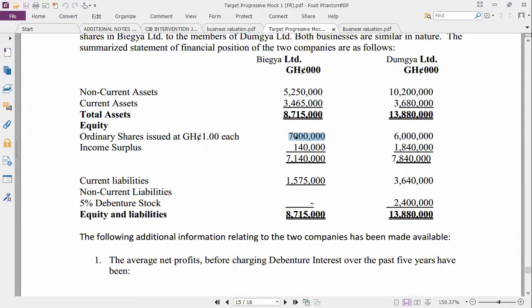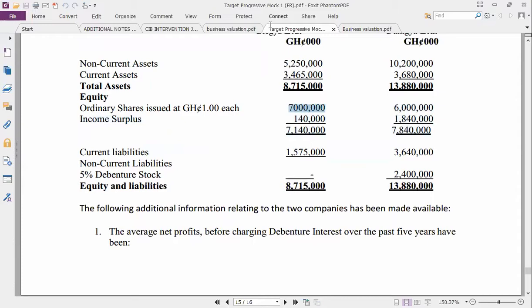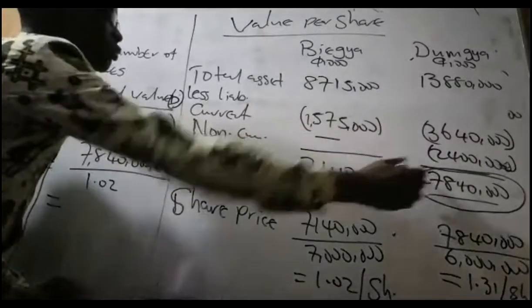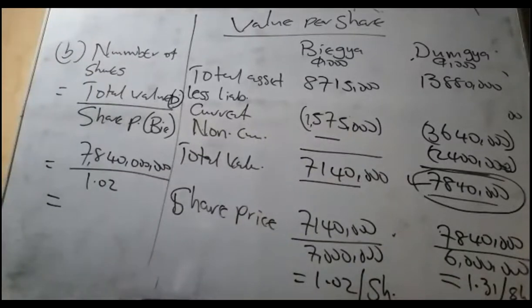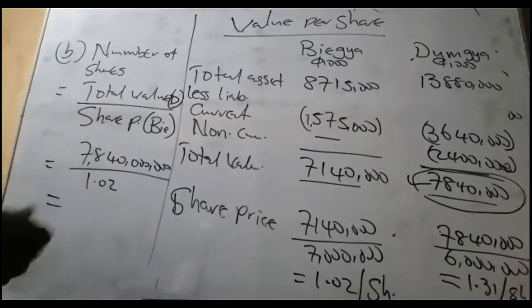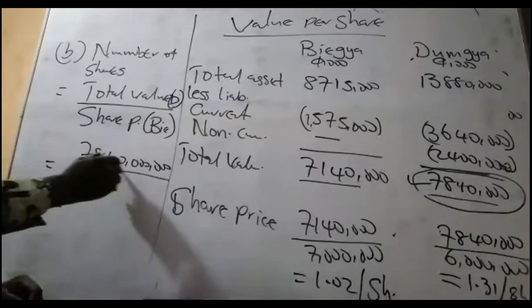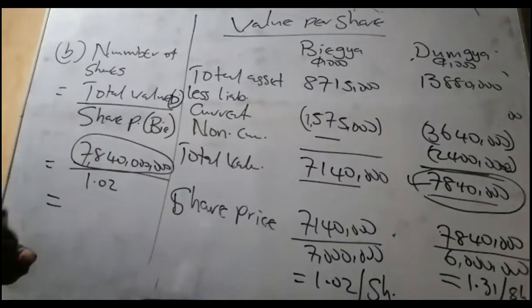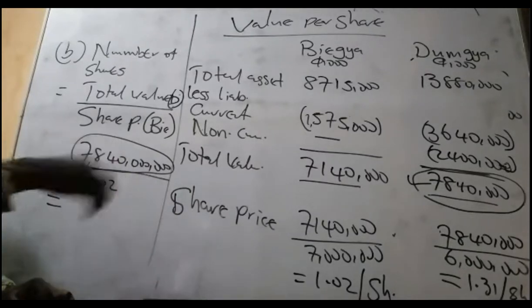So you pick Bioja's own 7 million plus this value, because he has issued shares to acquire Dunja. The shares, the value was this, which must be part of the capital of Bioja. Bioja has not recorded that capital, so you have to record it for Bioja.